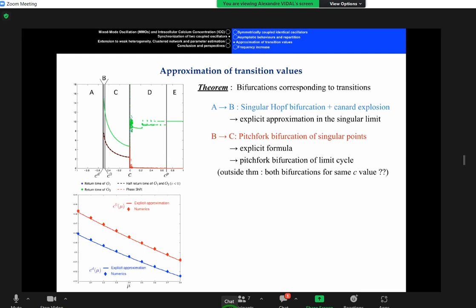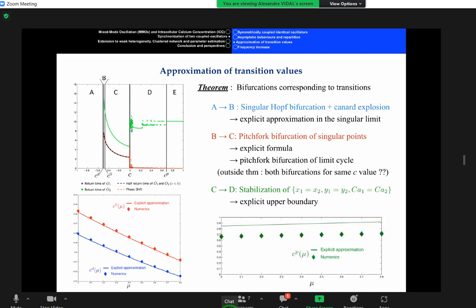The plain lines are the explicit approximation, and the diamonds are the numerics, and you see that we have an excellent approximation for both values CD and C0, corresponding to the transition from A to B and then B to C. C to D is the stabilization of a hyperplane, a 3D subspace, and we have an explicit upper boundary of this.